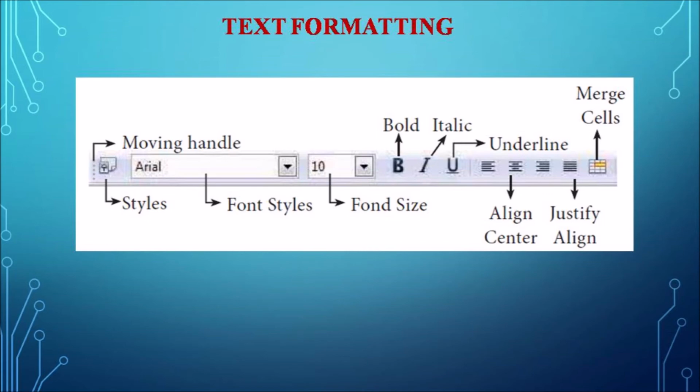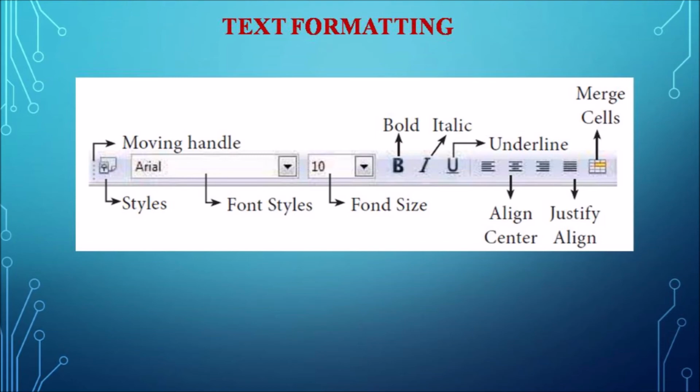Automatic wrapping means that if you want to type a double line entry within the cell, the text wraps automatically once it reaches the end of the cell. And changing the style: bold, italic, underline. All these can be done on the data available in a cell. So the data in OpenOffice Calc can be formatted, like with formatting icons. First we are going to see text formatting.